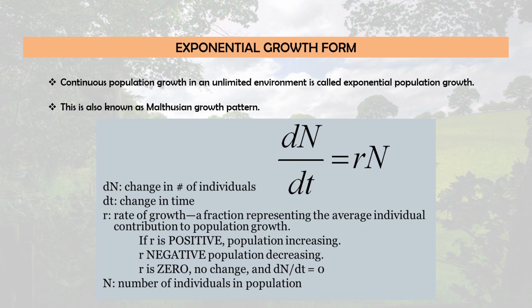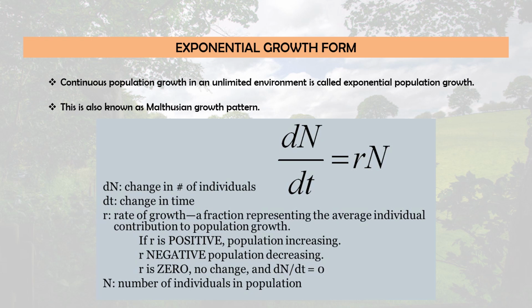This is also known as the Malthusian growth pattern, because Thomas R. Malthus was the one who described this model and also wrote an essay on it. Here there is an absence of any constraints or hurdles for growth.